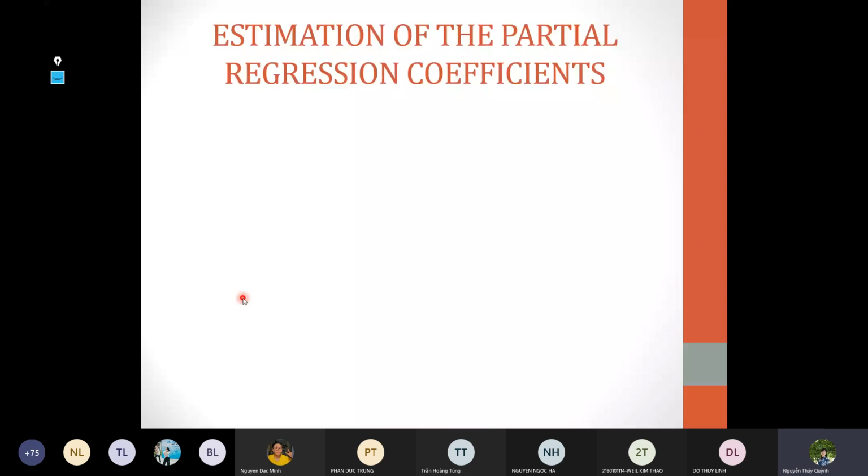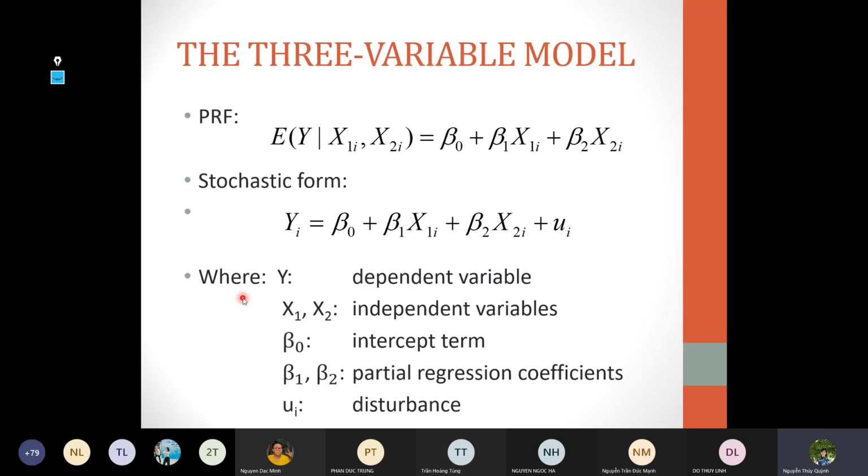what is the method that we used to estimate a two variable regression model? Do you remember the name of it? OLS, the ordinary least squares estimation method. We use the OLS estimation method to estimate a linear regression model. So is this model a linear regression model?